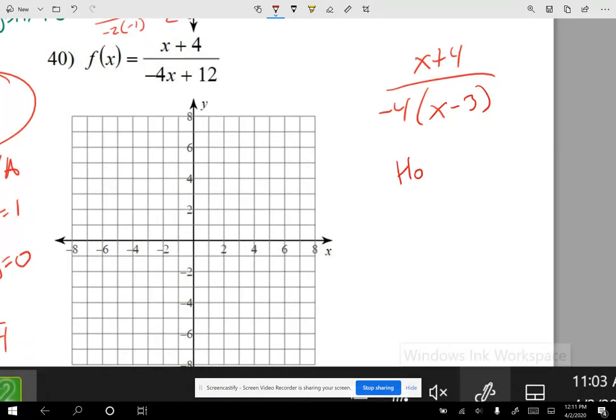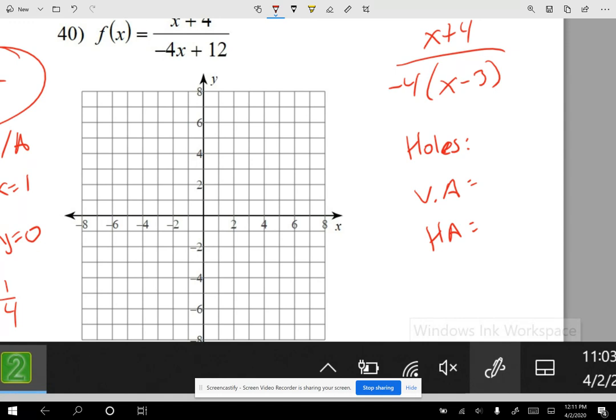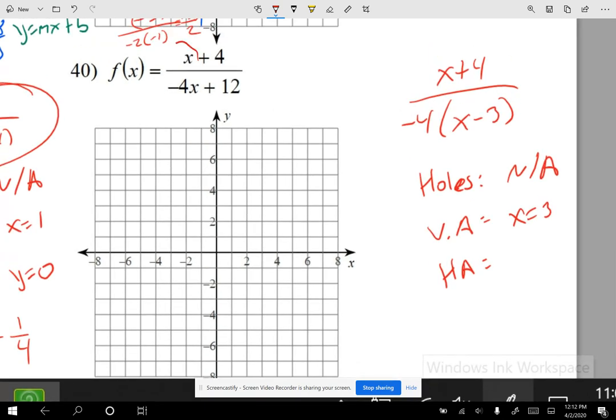I'm seeing if I have any holes if possible, my vertical asymptote and my horizontal asymptote. If I cancel anything, it gives me a hole, but I cannot cancel anything, so I don't have a hole. My vertical asymptote, I'm thinking, what makes the bottom equal to 0? x equals 3. My horizontal asymptote, I look at my original question.